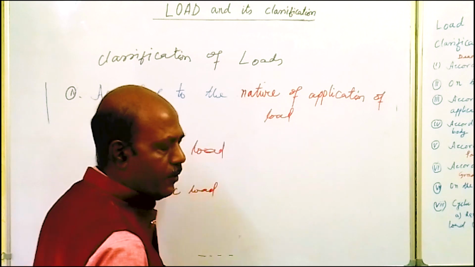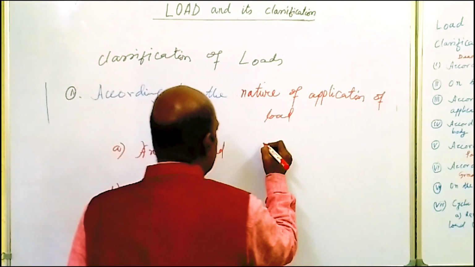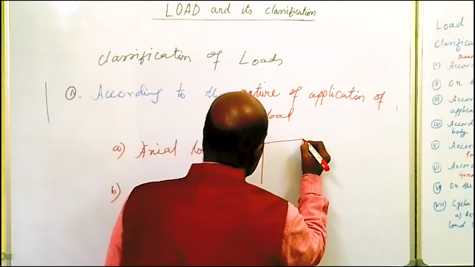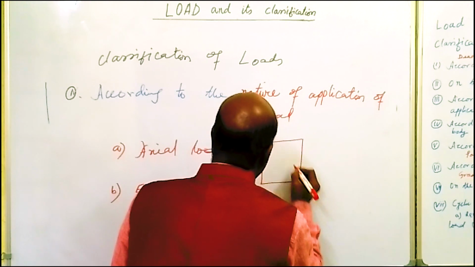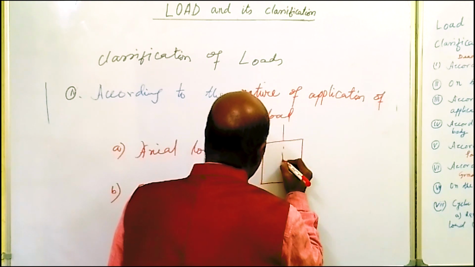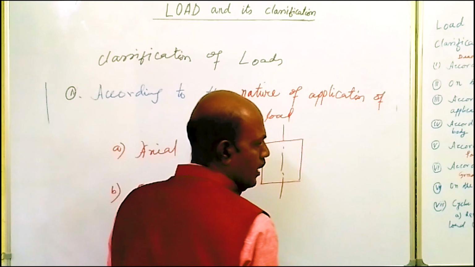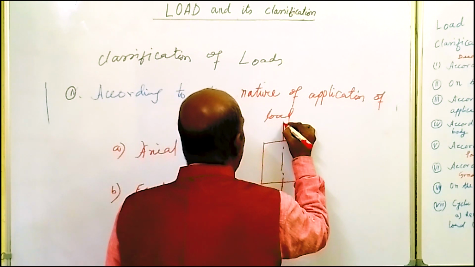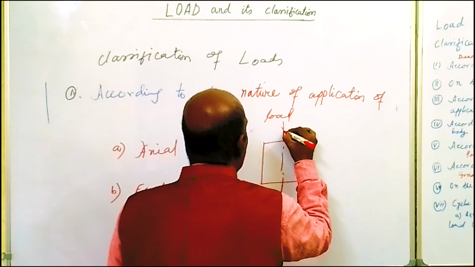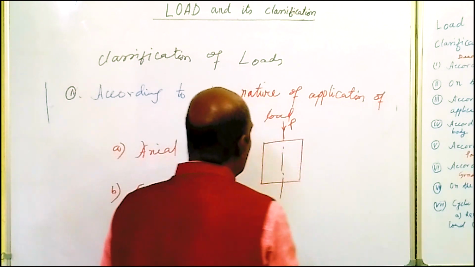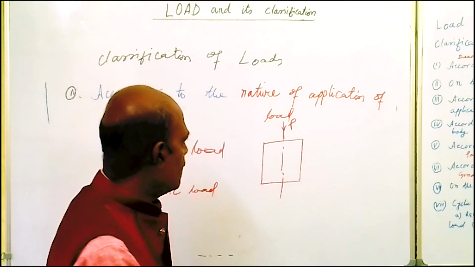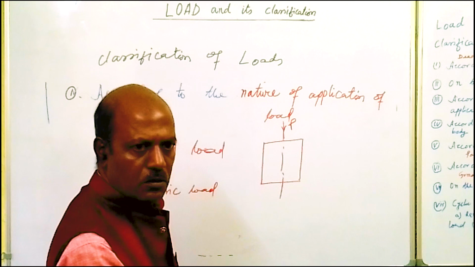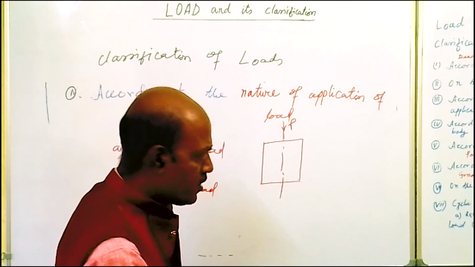So if we see the first kind, axial load, say this is the member and this is the axis of the member, and the load is acting along the axis of the member. So P is the load acting along the axis of the member. Now P is a compressive load, so it will produce compressive stress.